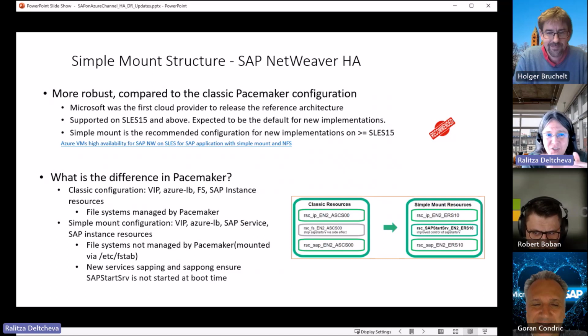But the job of these services is to make sure that at VM reboot, the SAP Start SRV daemon is not started, and it allows the management of the service and the instance to be done by the cluster. So it leads to a more resilient configuration. I would say also a simpler configuration, and again, very highly recommended for any new deployments on 15 and above.